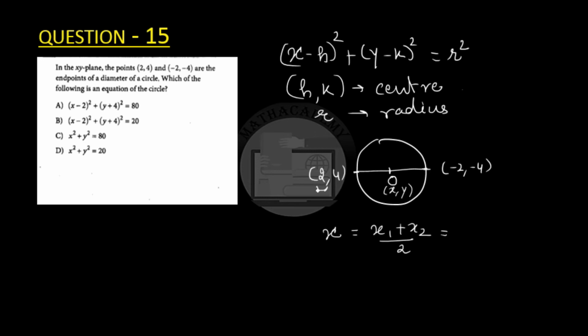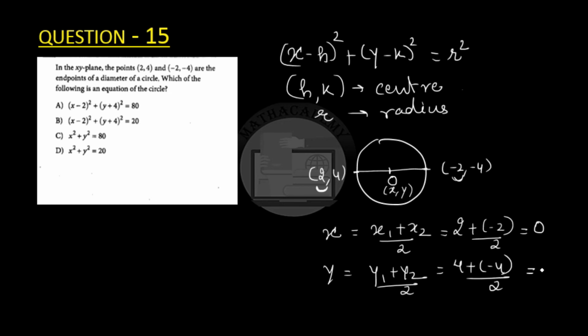These are the x coordinates of the endpoints. So in this case, 2 plus minus 2 by 2, which fetches me a 0. And similarly, y coordinate will be y1 plus y2 by 2, which will be 4 plus minus 4 over 2, which again fetches me a 0. So I got the coordinates of the center as 0, 0.